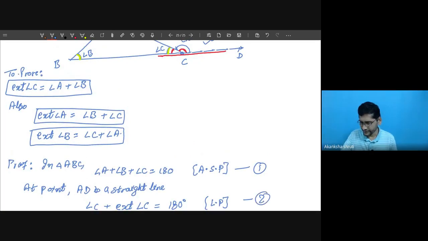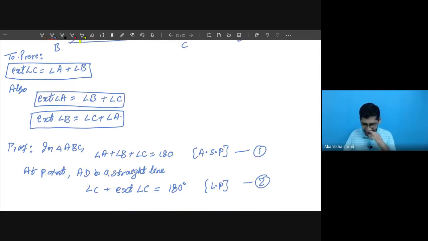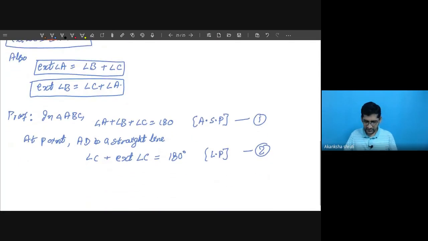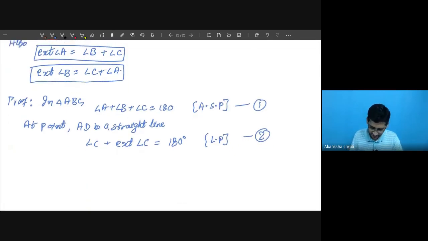Very good. Now see, the right hand side of both 1 and 2 is the same, 180 degrees. So we can equate them. From 1 and 2, what can we get? Angle A plus angle B plus angle C equals angle C plus exterior angle C. When their right hand sides are equal, then their left hand sides can also be equated.